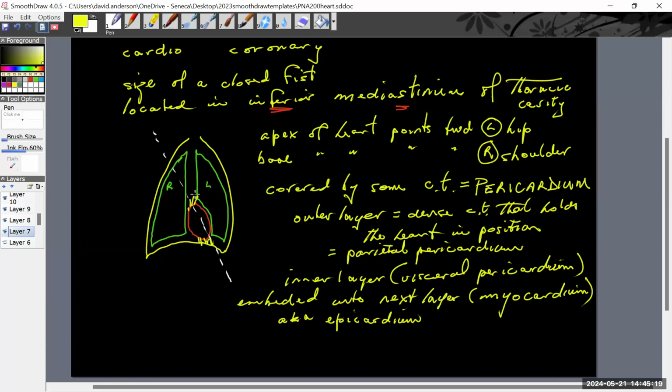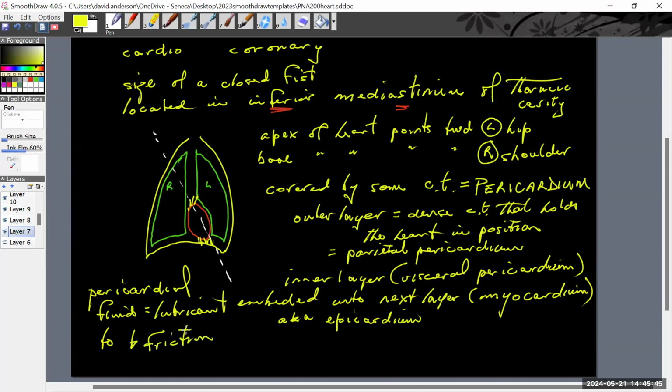And the inner layer beats with the contractile tissues of the heart, and there's a fluid between the two called the pericardial fluid, which is a lubricant to reduce friction between those two layers.